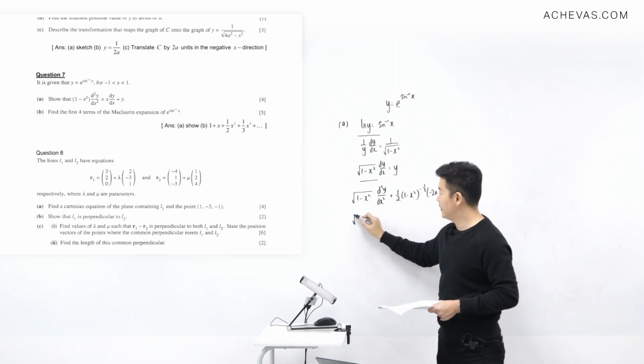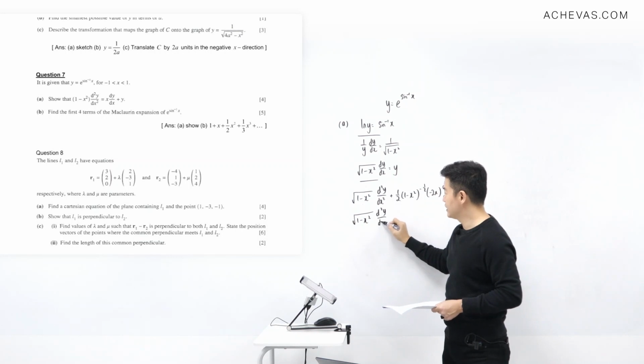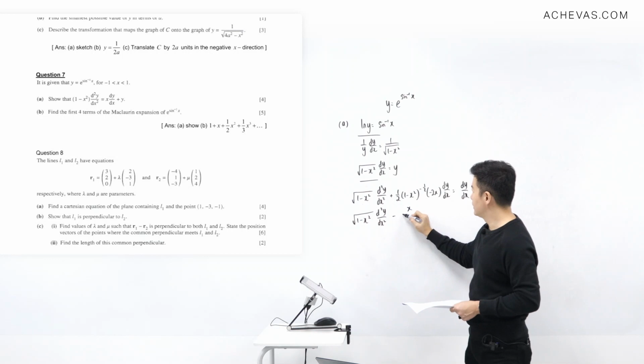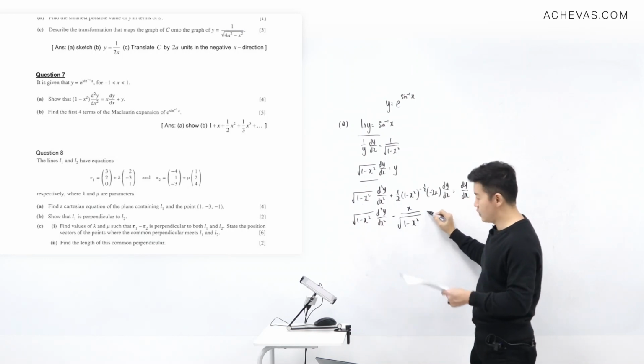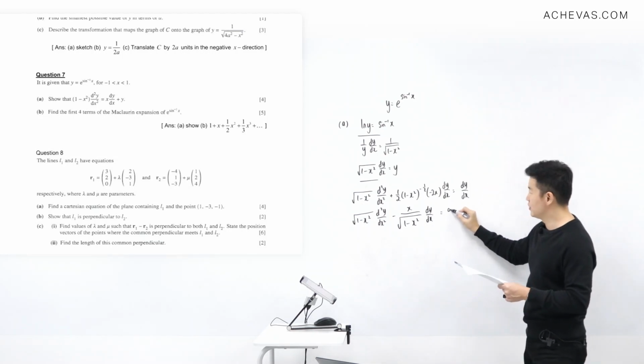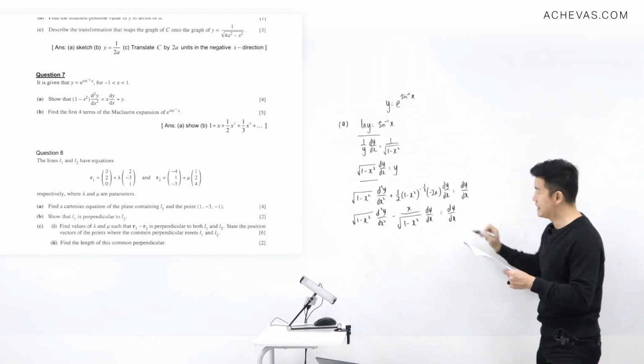And let's simplify this a bit first before we decide what to do next. So simplifying this, we'll have a minus x over square root of 1 minus x squared, then dy dx, this is also going to be equal to dy dx.